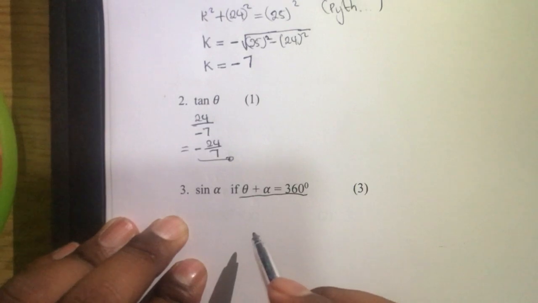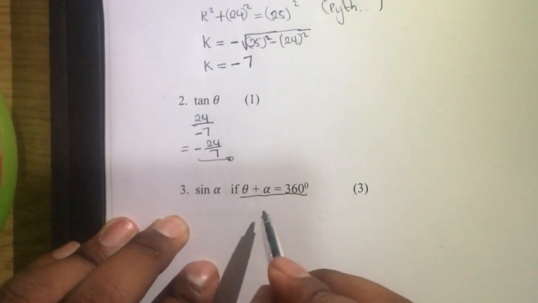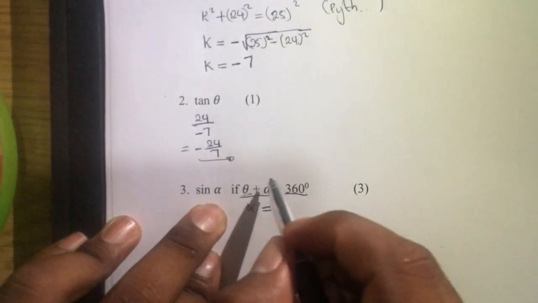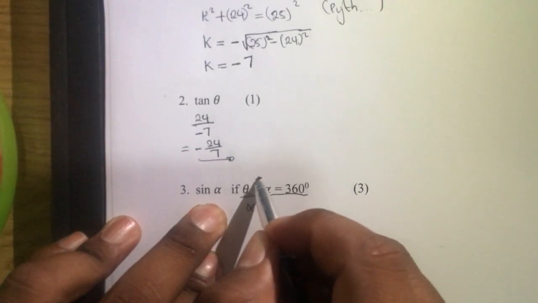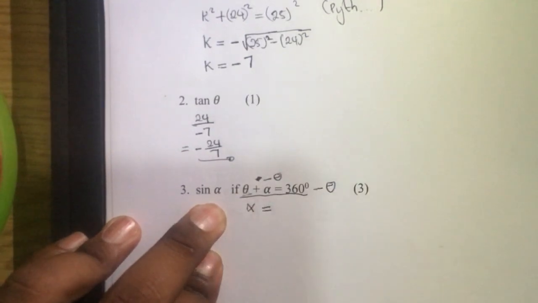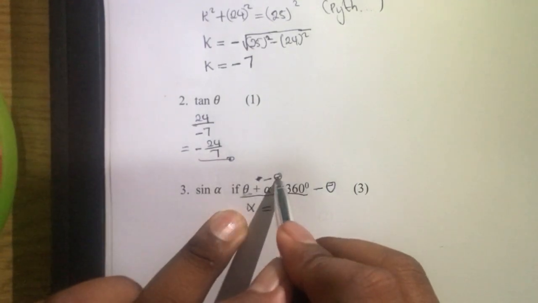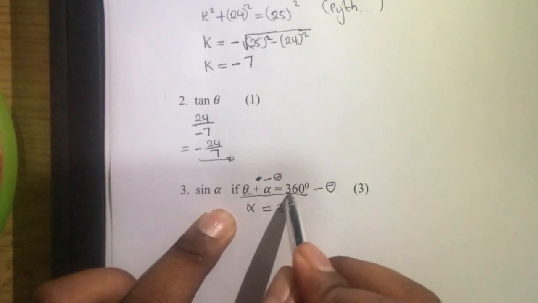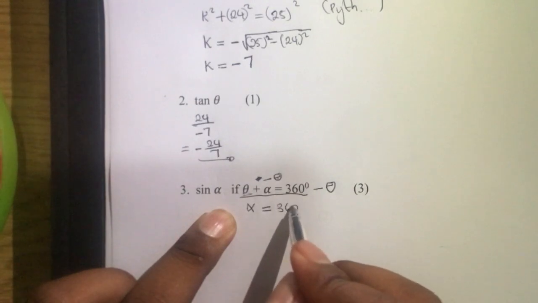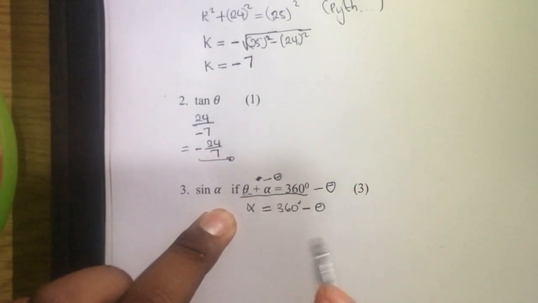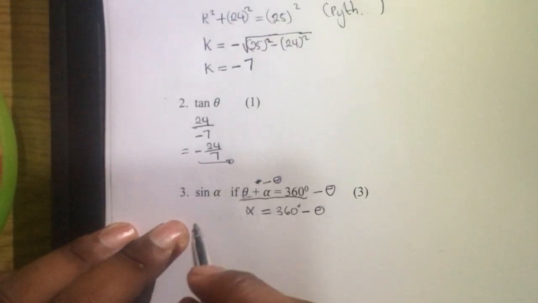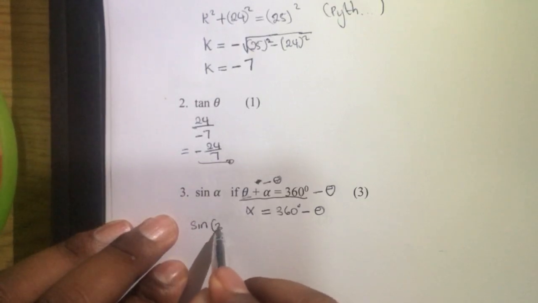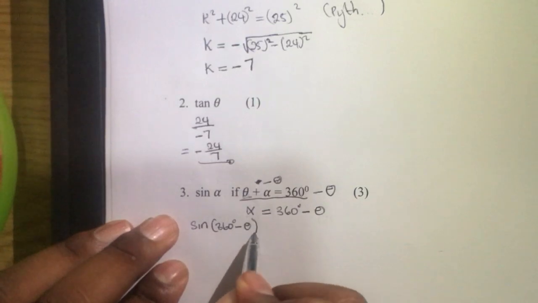So alpha is equal to, if we transpose, or if we minus theta on both sides, theta minus theta will be 0, and we'll be left with alpha on one side, and 360 degrees minus theta on the other side. Then we know alpha is equal to 360 degrees minus theta, so we'll just substitute there. We'll say sine of 360 degrees minus theta.